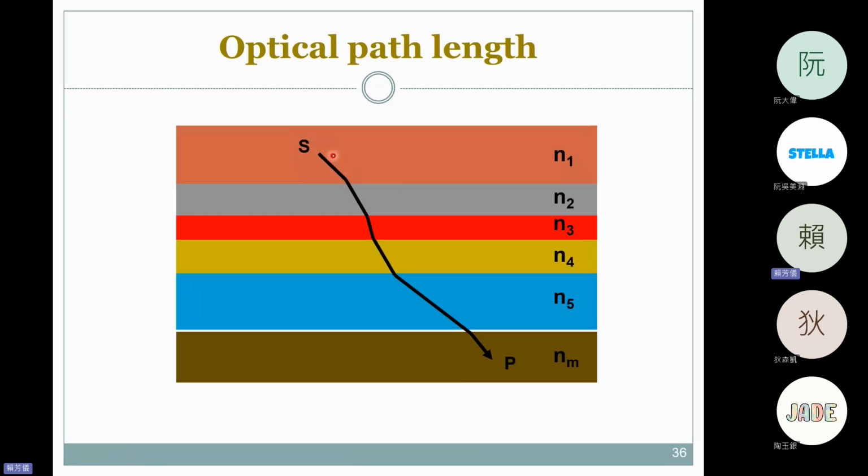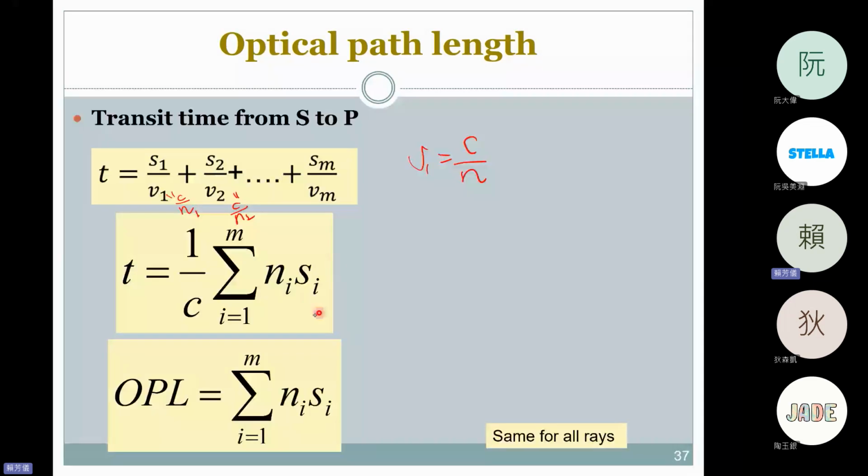It doesn't seem that I changed my velocity. I also use the speed C to travel in this material, but it seems the distance changed. The distance is already changed to the refractive index multiplied by S.